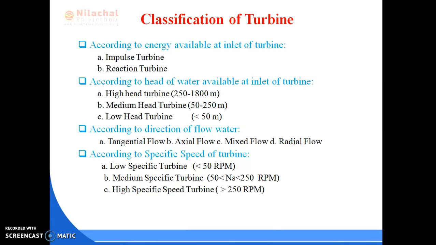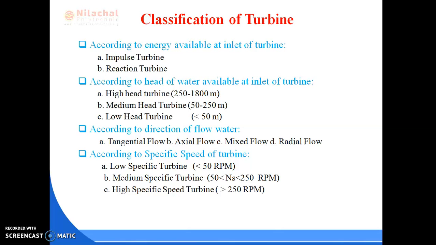Next, according to the head: high head turbine, medium head turbine and low head turbine. High head turbine means the dam of the turbine unit is at a height of 250 to 1800 meter.